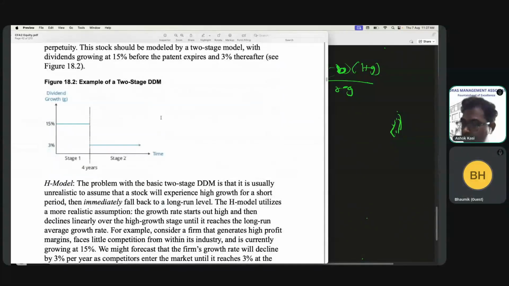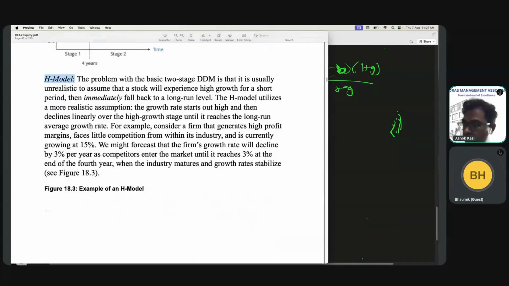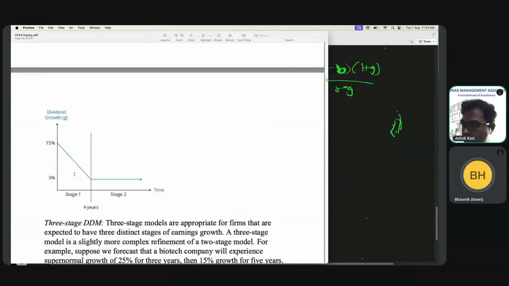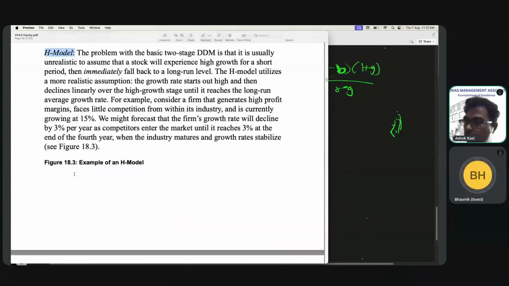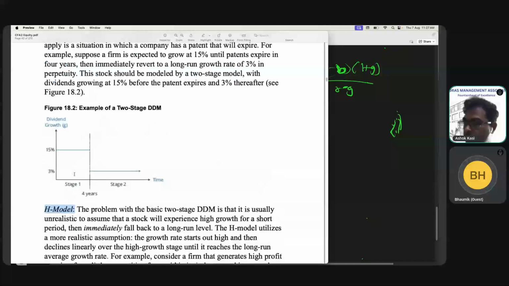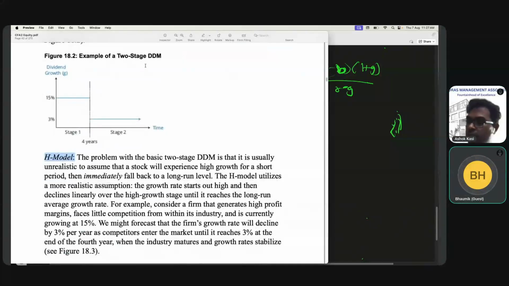We will see this H model in some time. Basically, the concept of the H model is this: when we say two-stage dividend discount model, it is growing at 15% initially, then it grows at 3% forever.